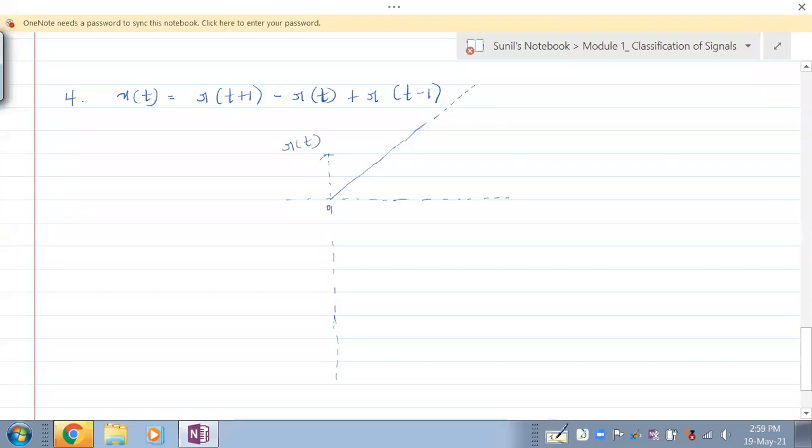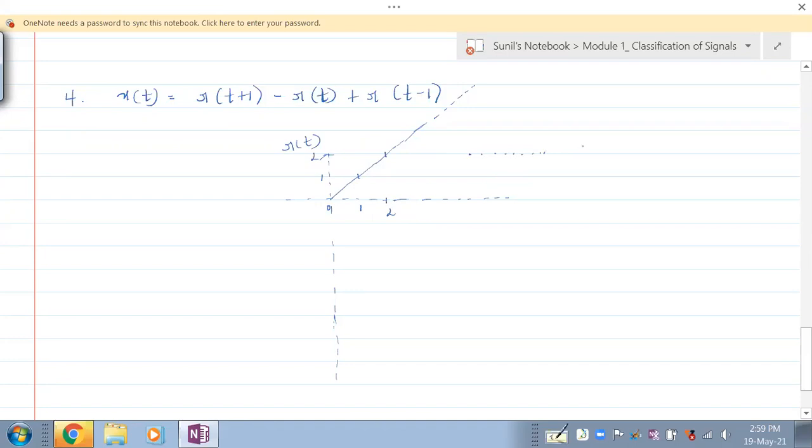R of t is 0 at 0, 1 at 1, 2 at 2. So this is how the signal is. Understand that? So this is what r of t tells you, and this goes till infinity because it is t.